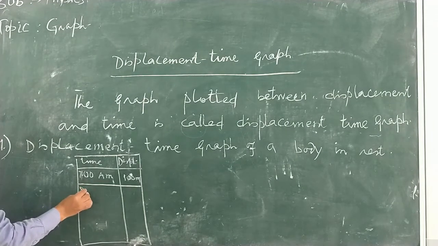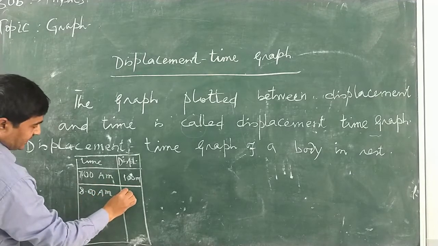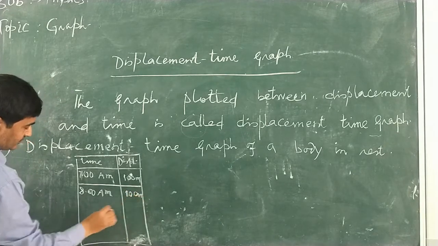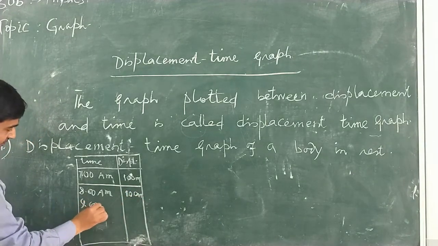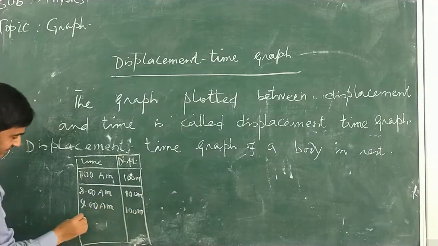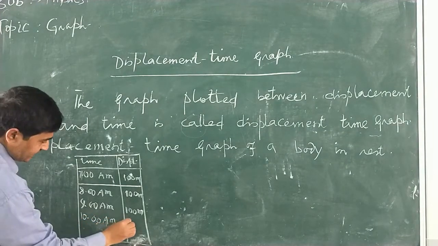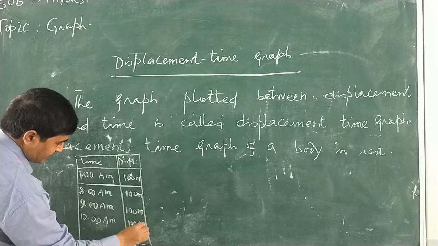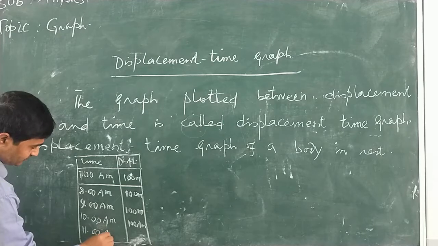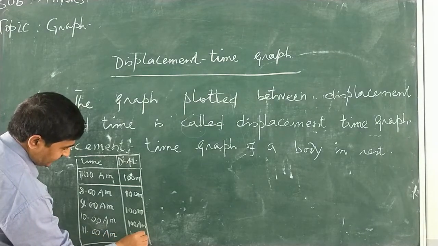The train is at 100 meters at 8 a.m. At 9 a.m. the train is also at 100 meters from the station. At 10 a.m. it is also at 100 meters from the station, and at 11 a.m. the train is also at 100 meters.